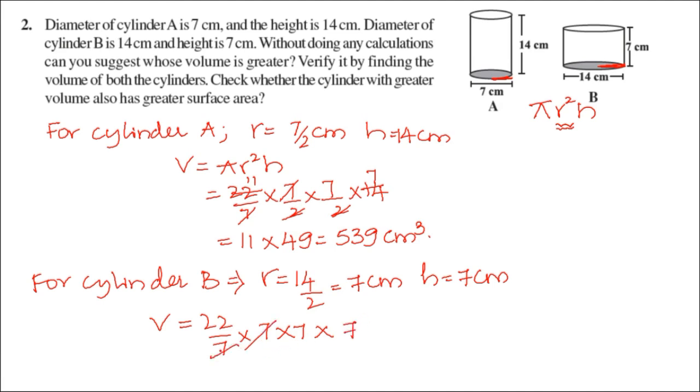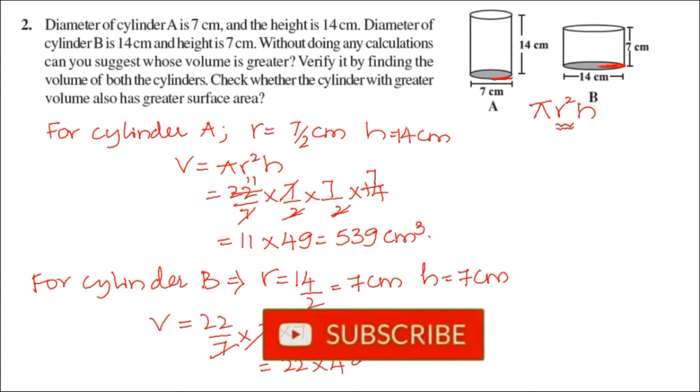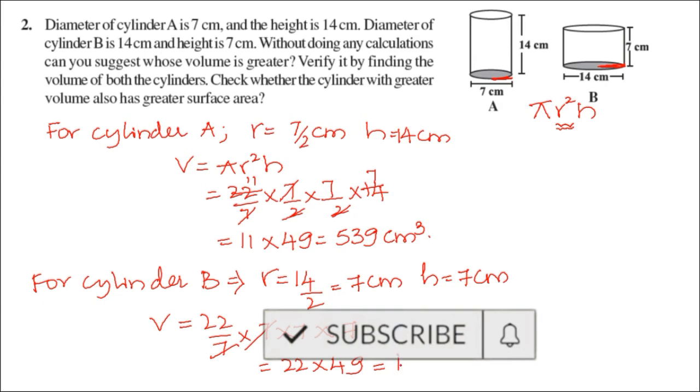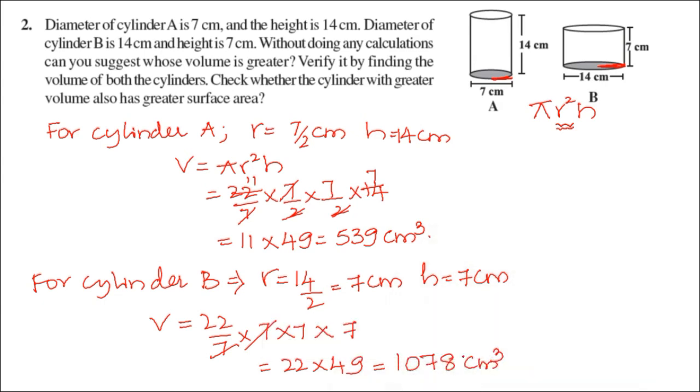So one of the 7 gets cancelled. It will be 22 times 49. In the earlier case it was 11 times 49. So this will be 1078 centimeter cube. So it's very clear that cylinder B will have the larger volume.